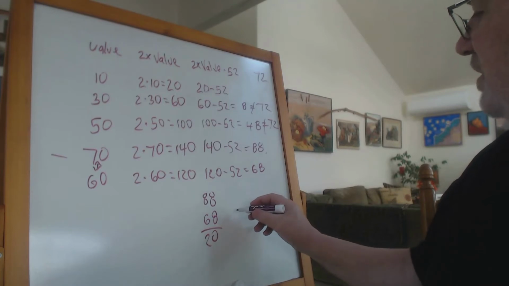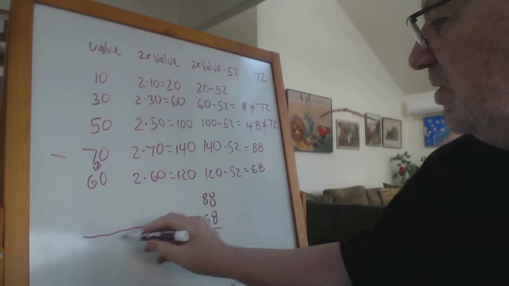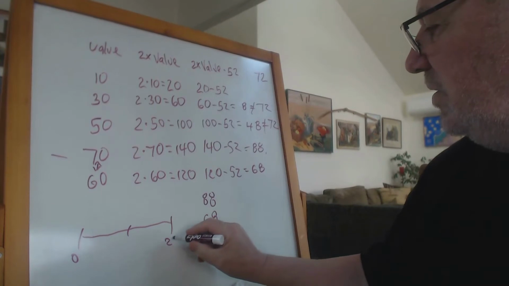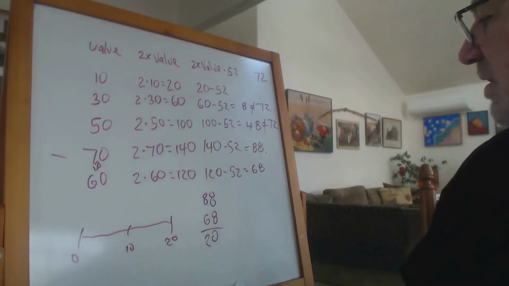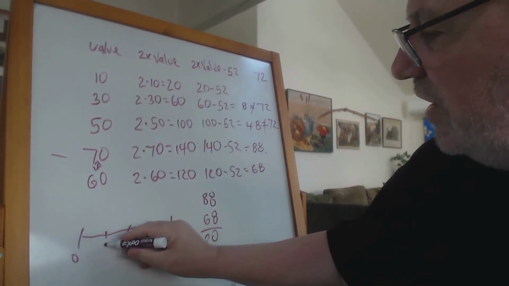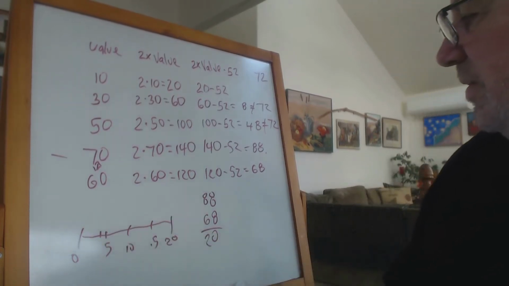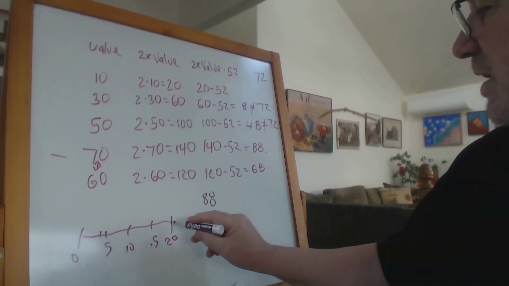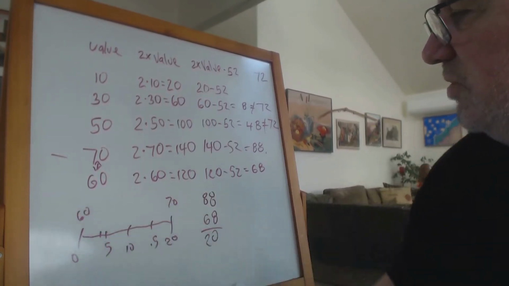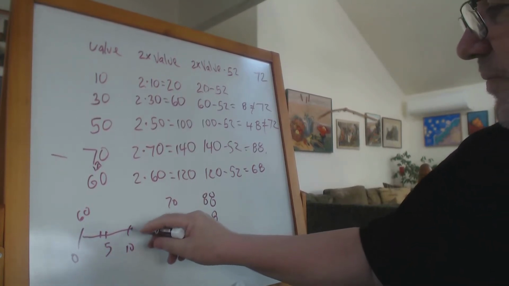And 72 is 4 above 68, so it's not on the upper end, which corresponds with 70, and it's not in the middle.